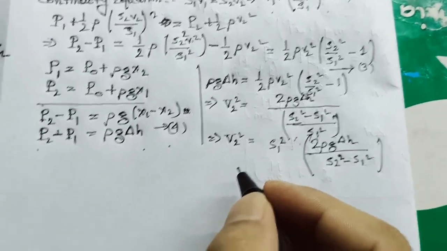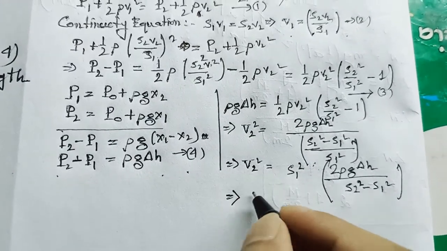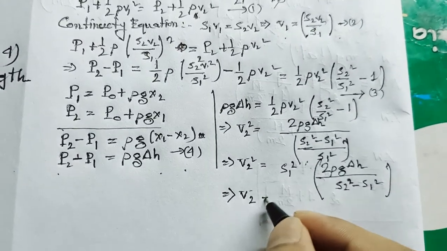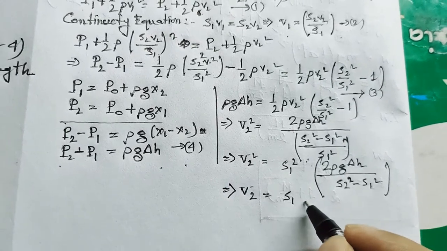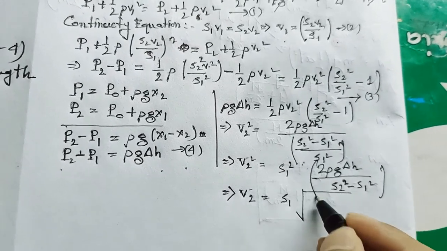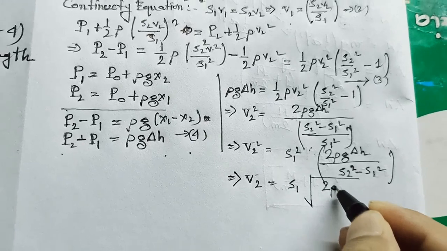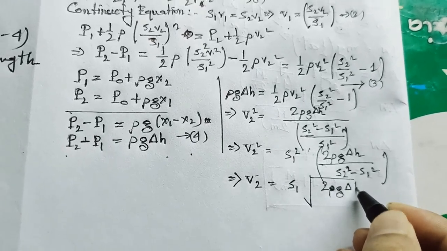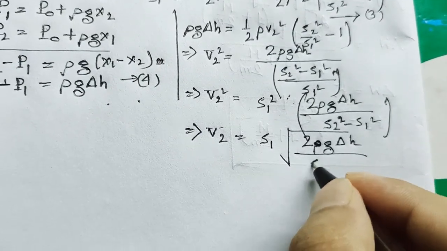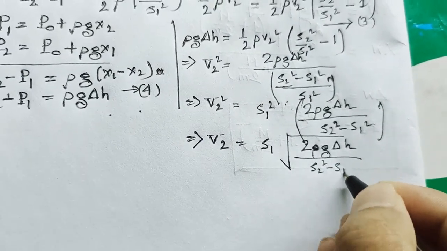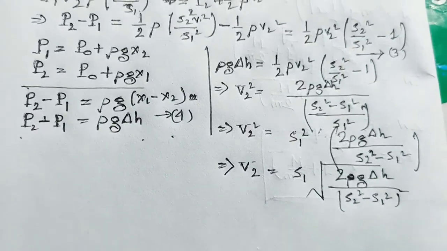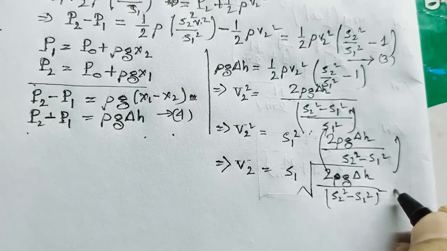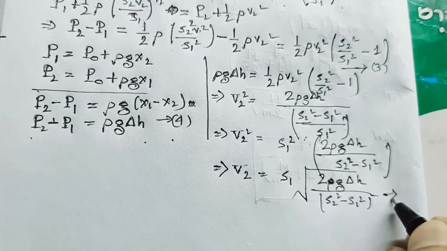So we can write V2 is equal to S1 into the square root of 2 rho g del H divided by (S2 square minus S1 square). So this is our velocity V2, and this is our equation number 5.